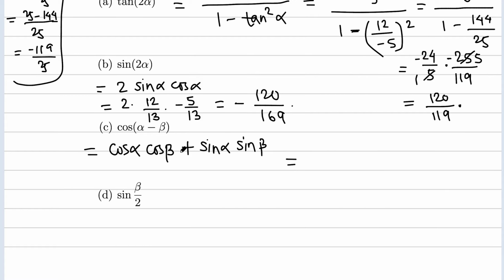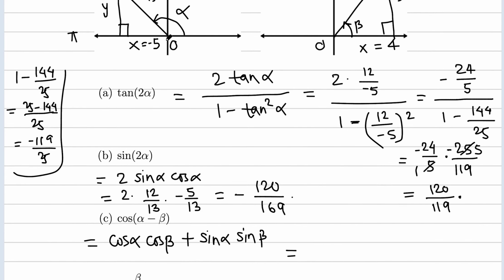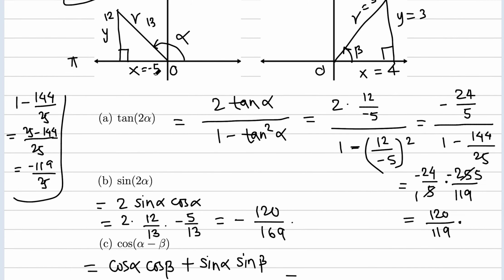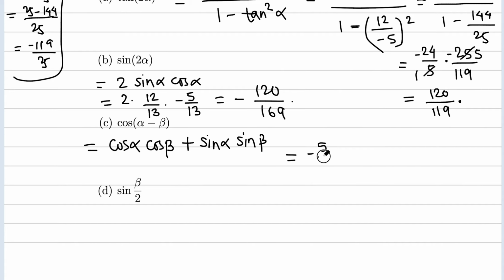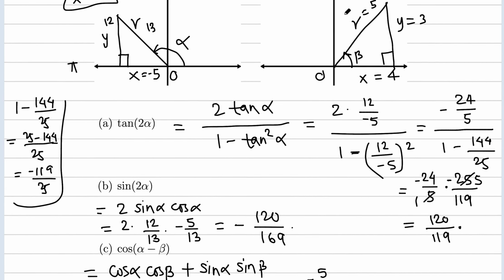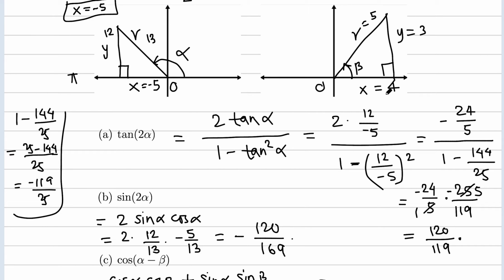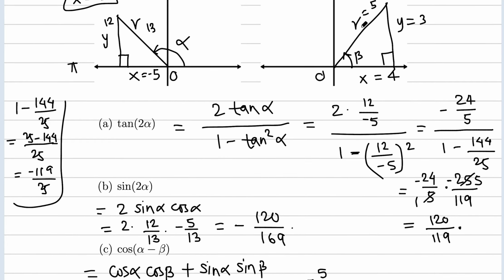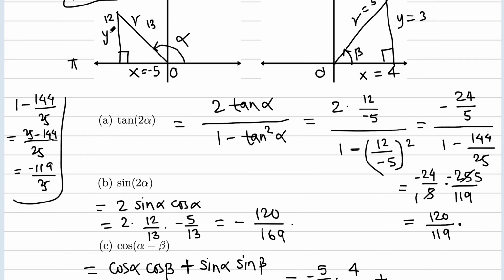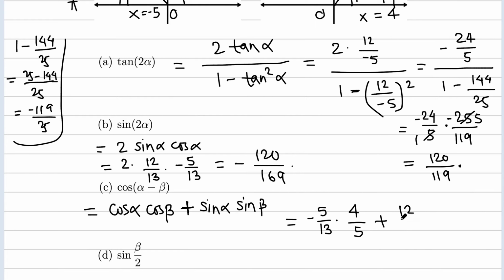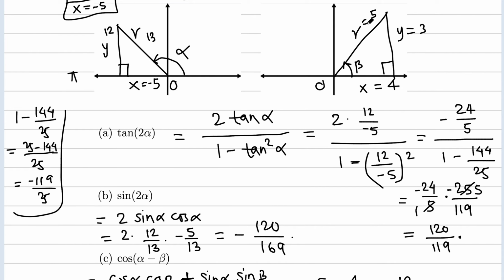Now let me plug in here. What is cosine alpha? From the first triangle, cosine is x over r, negative 5 over 13 times cosine beta. Now we need to go for second triangle. Cosine is x over r again, so 4 over 5 plus in the middle sine alpha, here 12 over 13 sine beta, here 3 over 5.